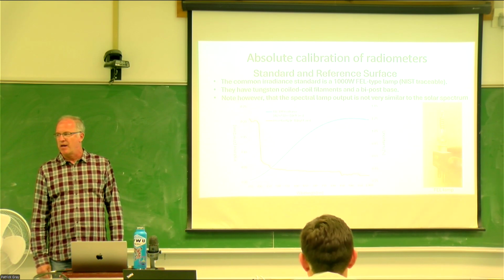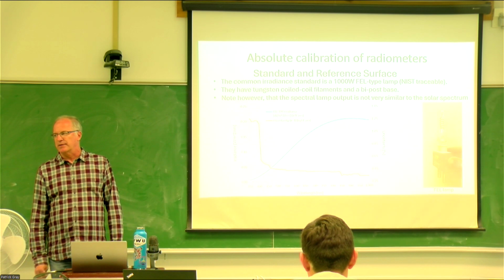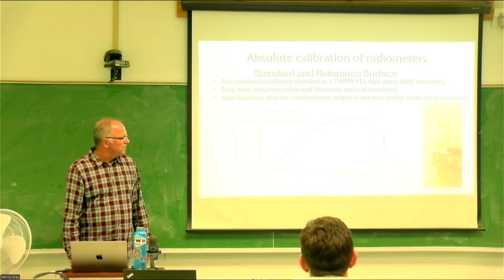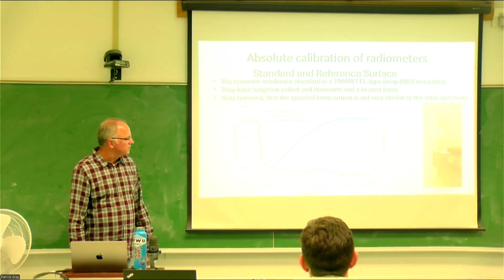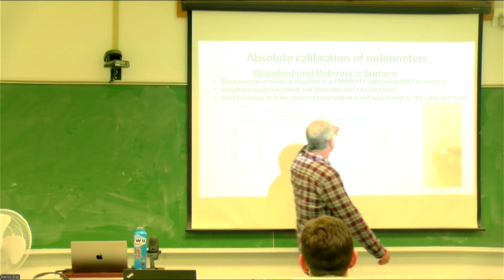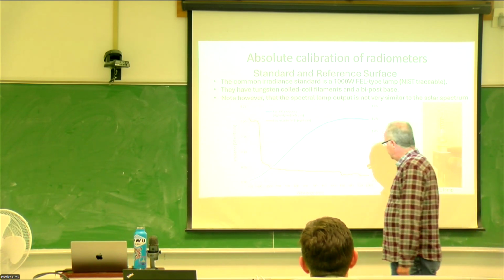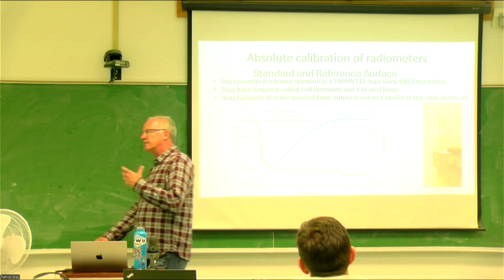So the uncertainty is higher where the lamp's emission is lower. Correct. But then on the right side, where it starts to emit slightly less in the near infrared, the uncertainty doesn't go back up again a little bit? It kind of does. You're sort of getting into a couple of different things.